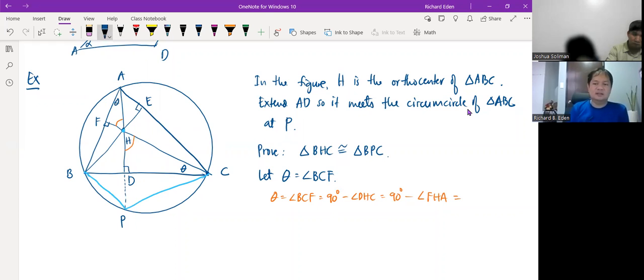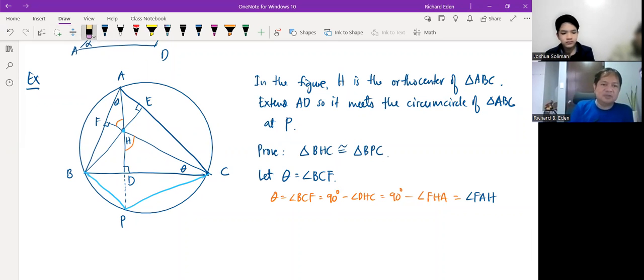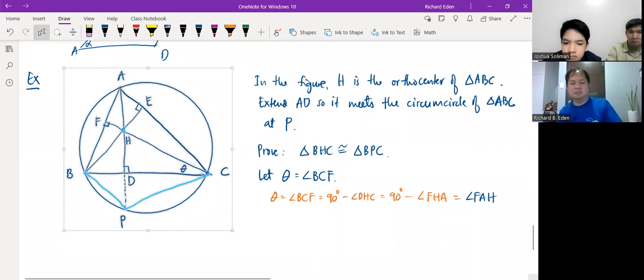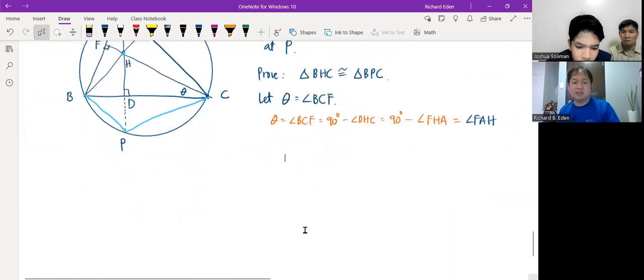That's theta. That's going to be FAH. Okay, so angle FAH or angle BAP is theta. Wait, so that I'm able to preserve the original drawing, let me put in my marking stand here.